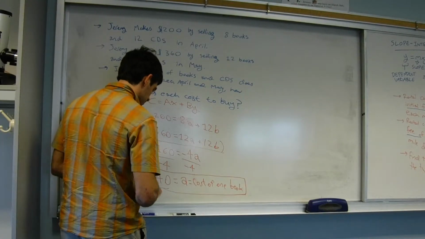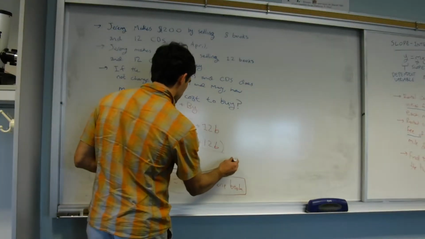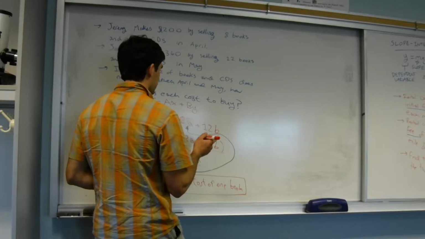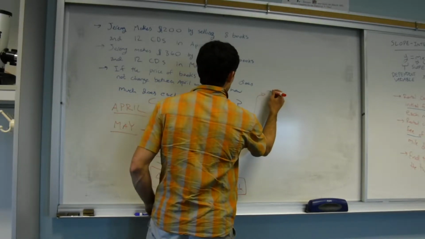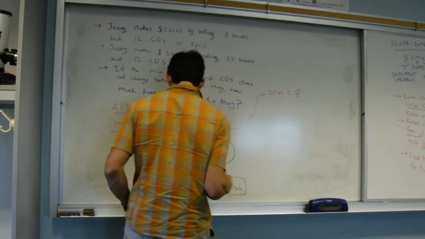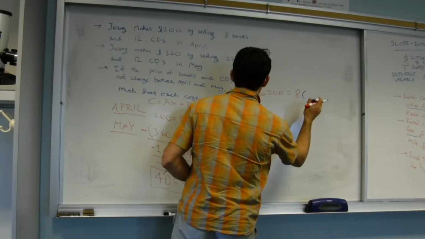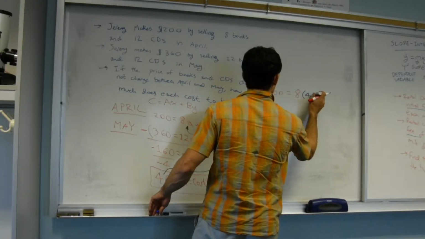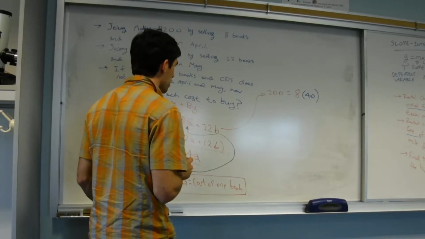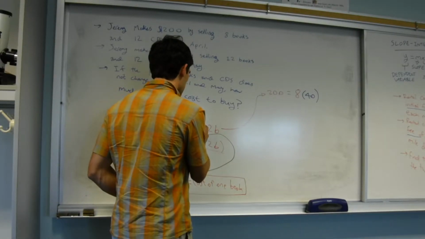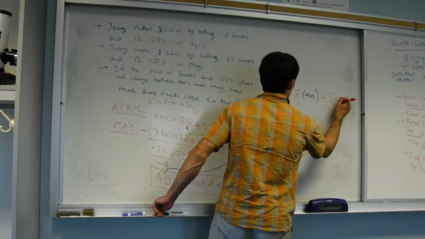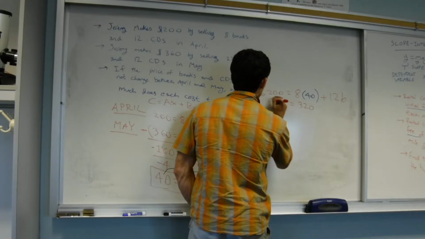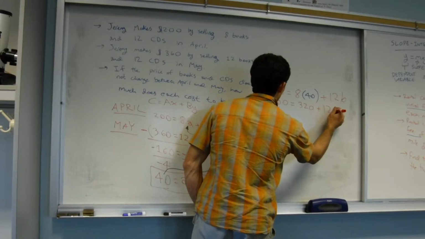So if we plug this value back into either one of our equations, I'll pick our first one, then we would get 200 is equal to 8 times 40 plus 12B. 8 times 40 is 320, plus 12B.